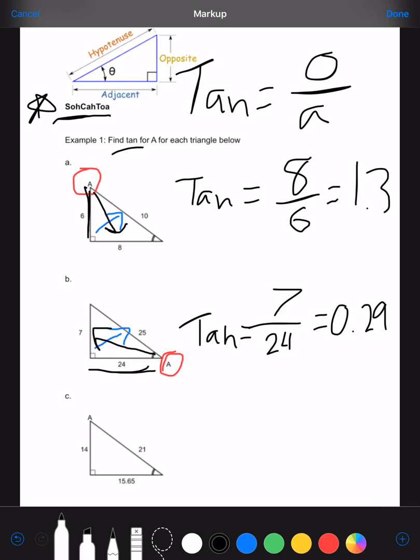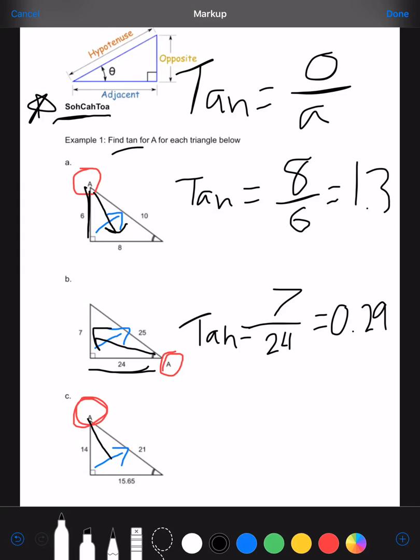Okay? So, next one. Again, A is moved again, so it's up here now. We're always going to find our hypotenuse first. We don't need 21. 21 is useless to us in this because we don't need our hypotenuse at all, right? So now we're going to find our opposite.